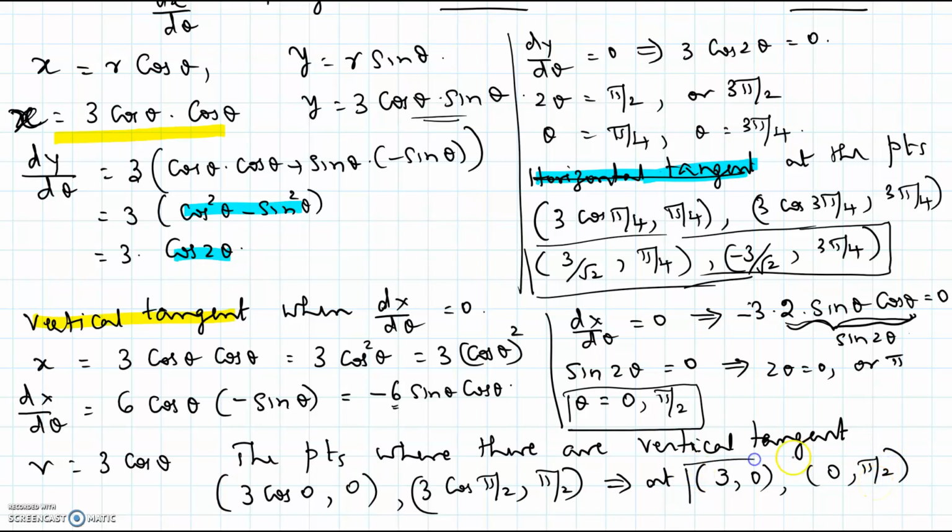These are the points where the vertical tangent occurs. The points where the horizontal tangent occurs are the ones found earlier. Hope this video helps.